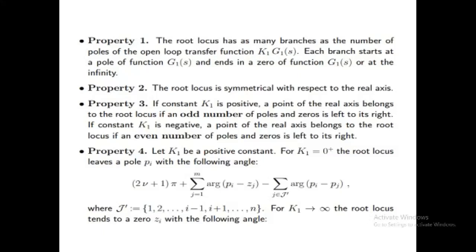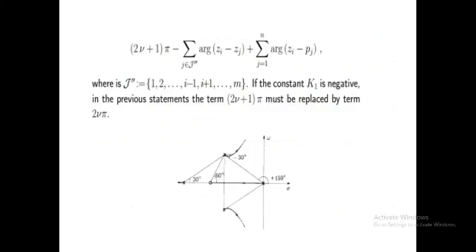For K1 tending to infinity, the root locus tends to the zero zi with an angle equal to (2v plus 1) pi plus the summation of arg(zi minus zj), where j double dash runs from 1 up to n.